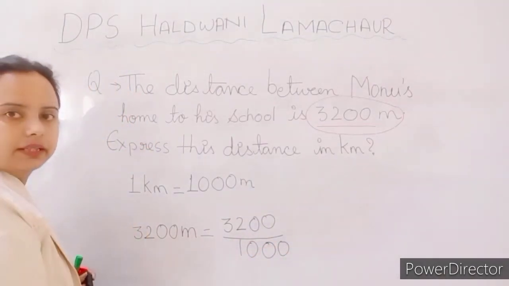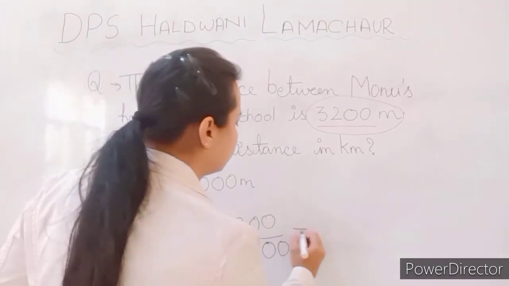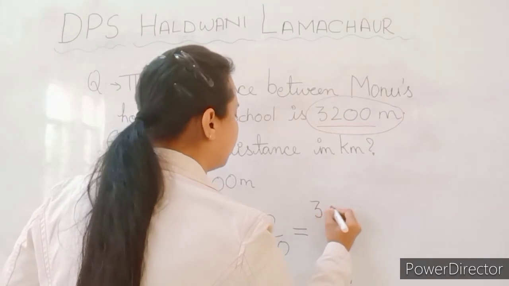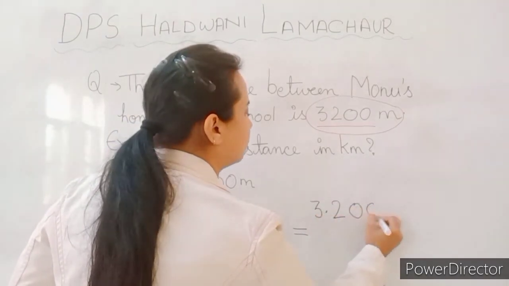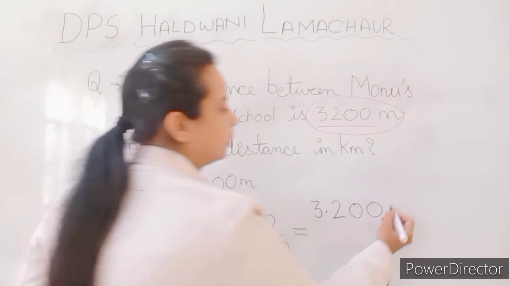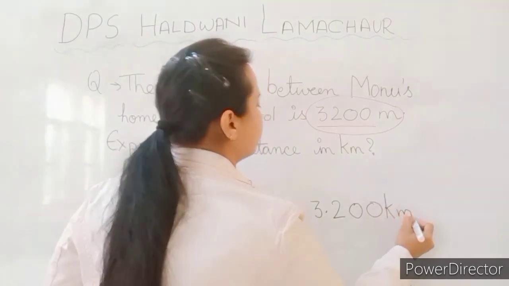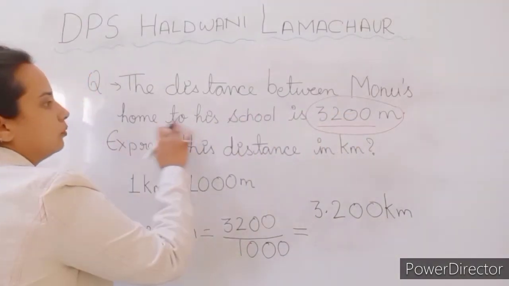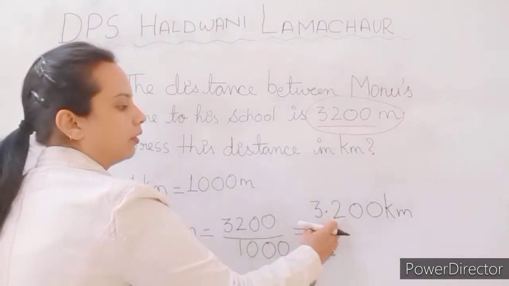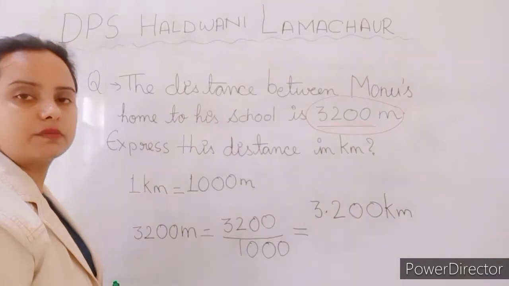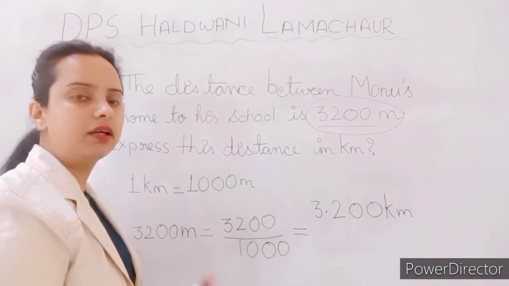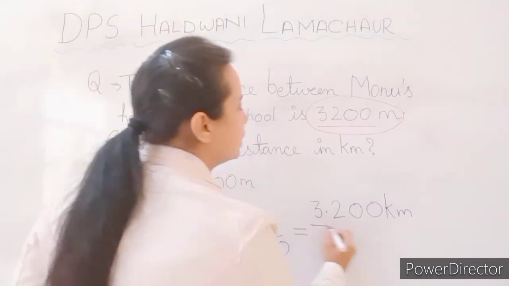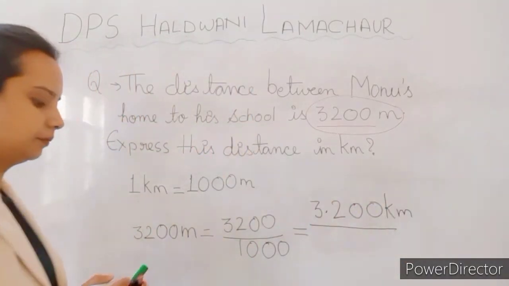So we divide here and the answer we get is 3.200 kilometers. It means the distance between Monu's home and his school is 3.200 kilometers, which means 3 kilometers 200 meters. So this is the answer.